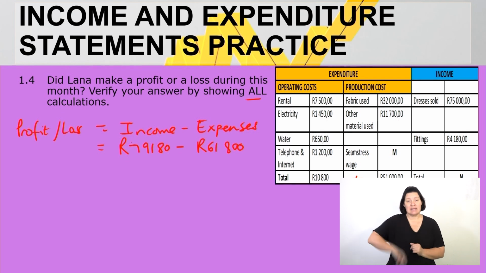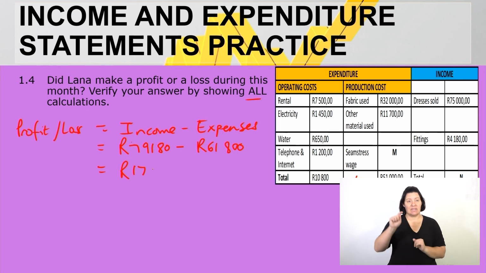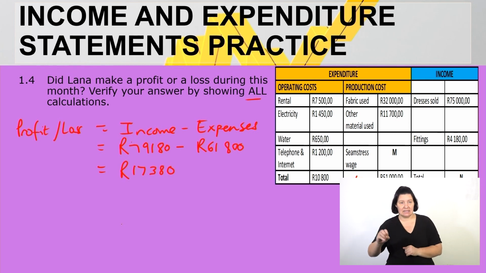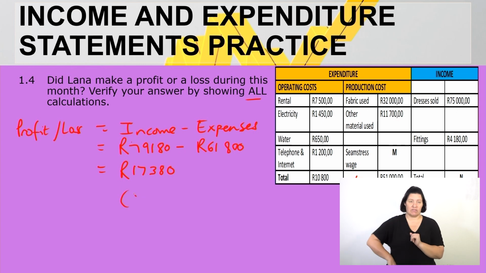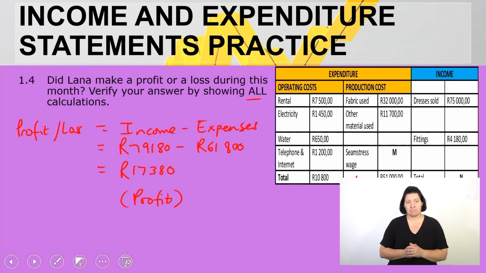So you take your income, 79,180 rand, minus your 61,800 rand, which is your expenditure. That should give you 17,380 rand. And we can conclude now that Lana will make a profit since the income is more than the expenses. So the profit will be 17,380 rand.